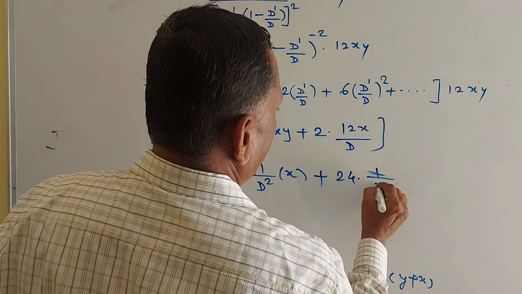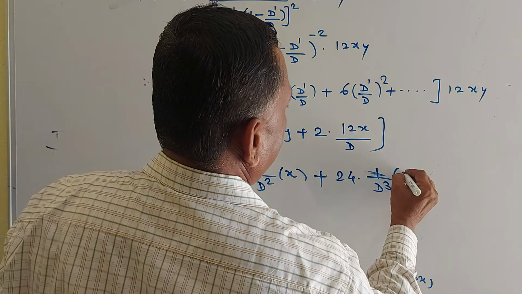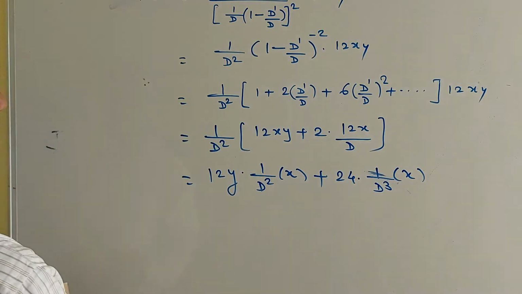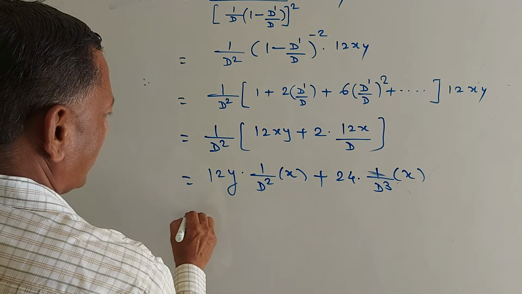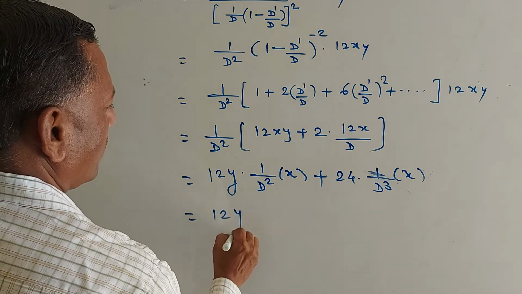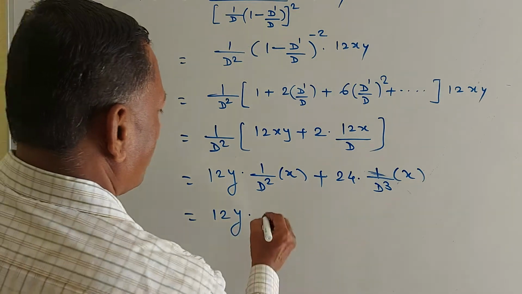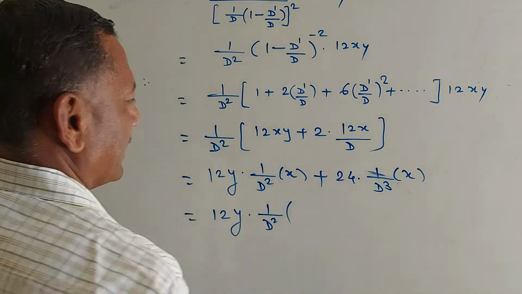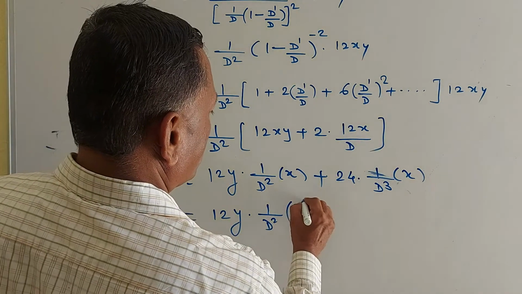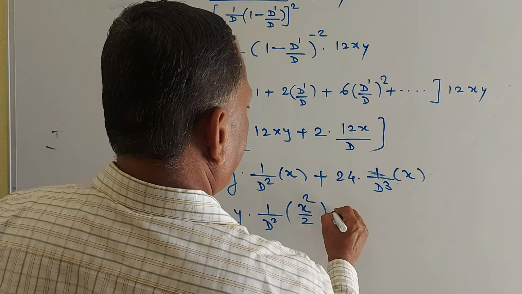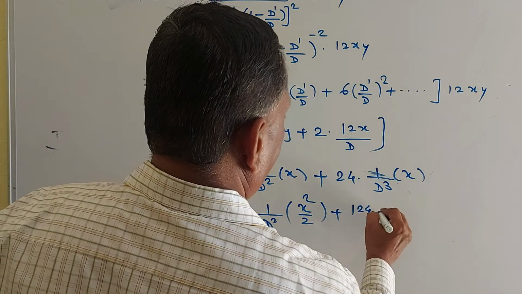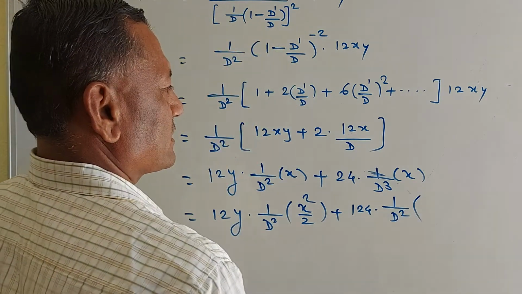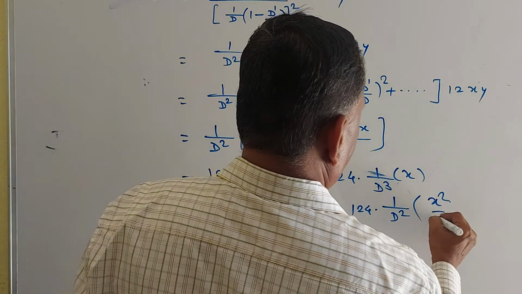Therefore 1 upon D cube of x. Then after simplifying, it is equal to 12 into y, 1 upon D square, integration of x is x square upon 2, then plus 24, 1 upon D square of x, means x square upon 2.